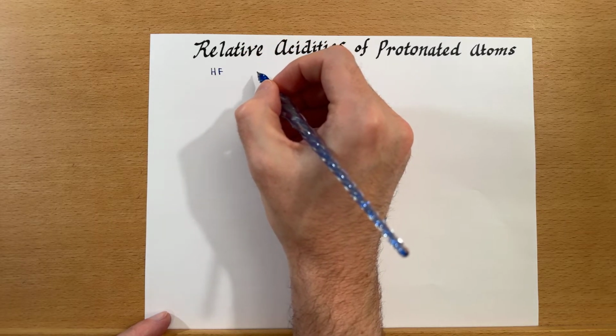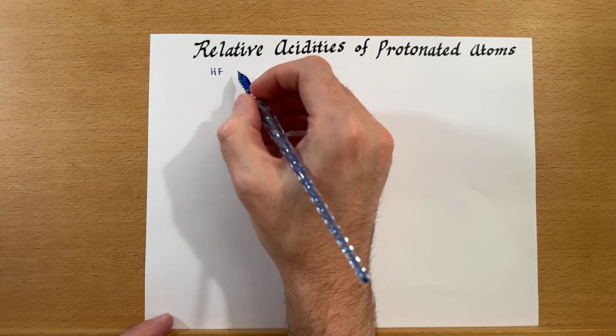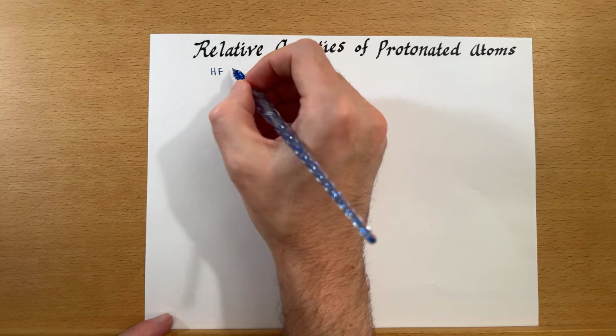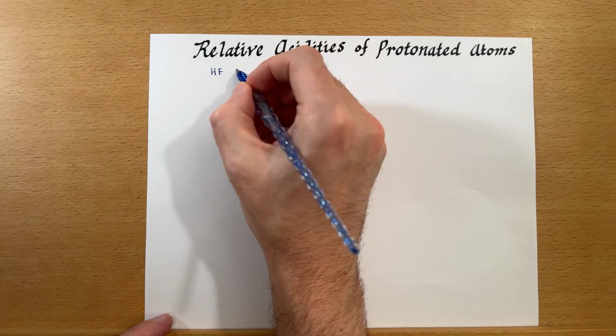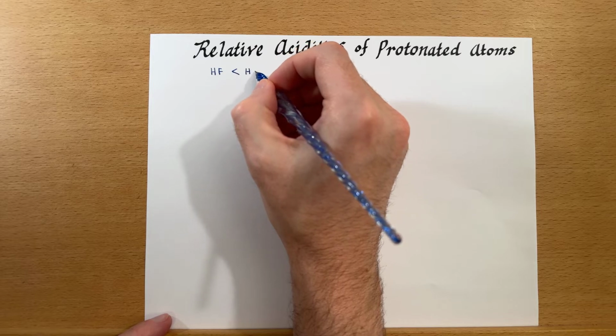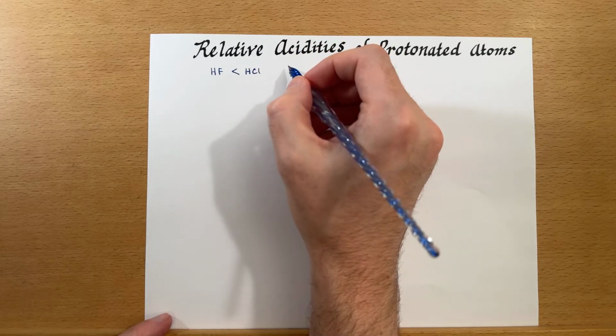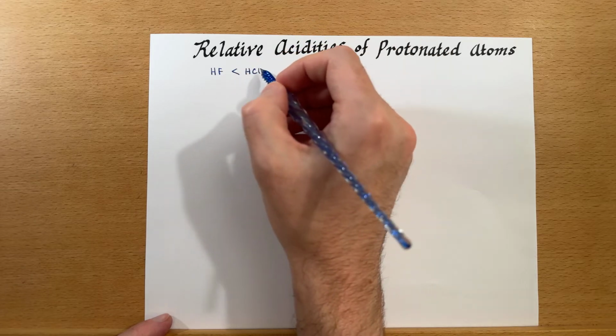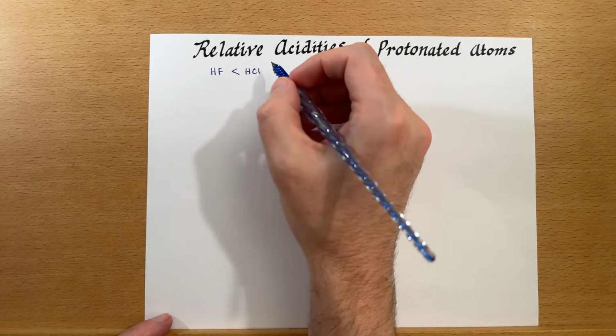If we look at hydrofluoric acid, you'll recall that you were probably told that this is a weak acid. And then that hydrochloric acid was one of the strong acids, so that is stronger than HF.